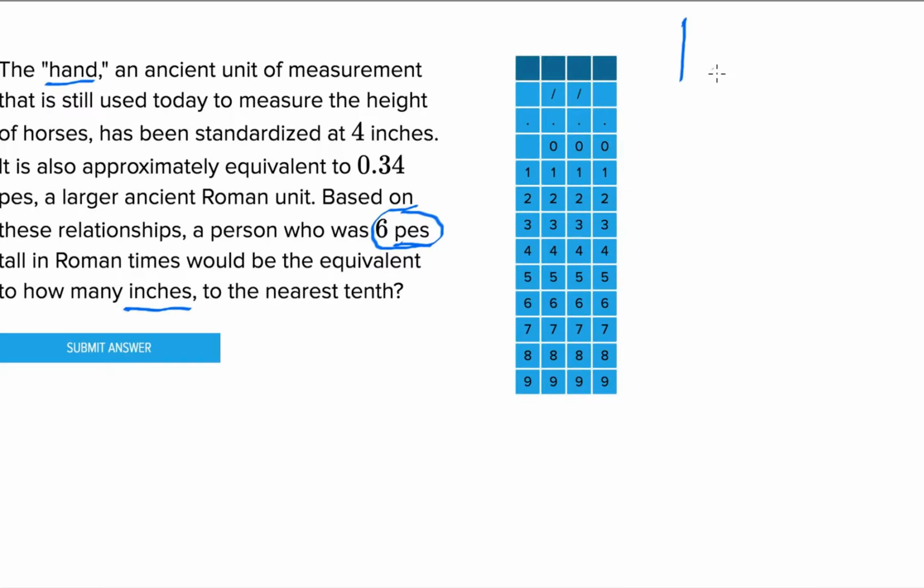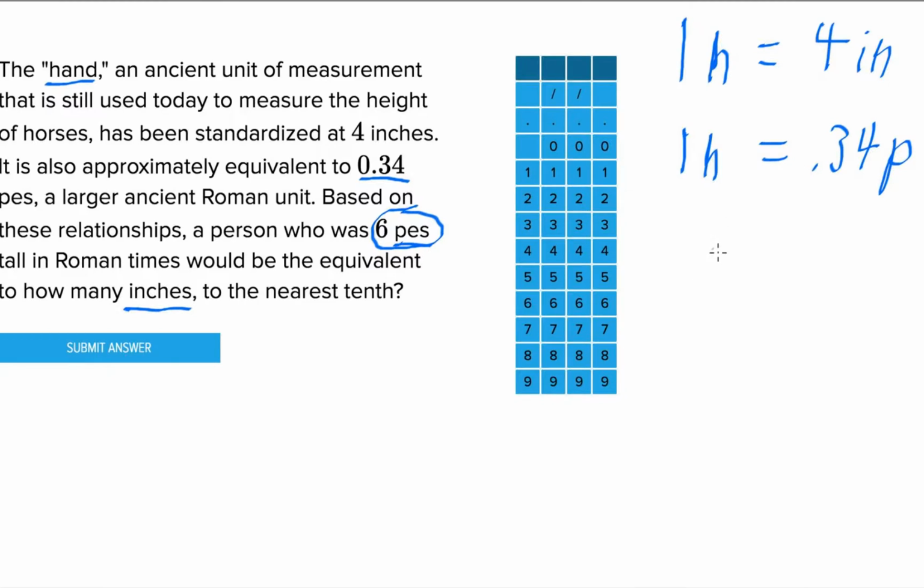So 1h for hand, of course, equals 4 inches. We're also told that 1 hand is equal to approximately 0.34 pace. So again, I'm going to write that 1h equals 0.34 pace.